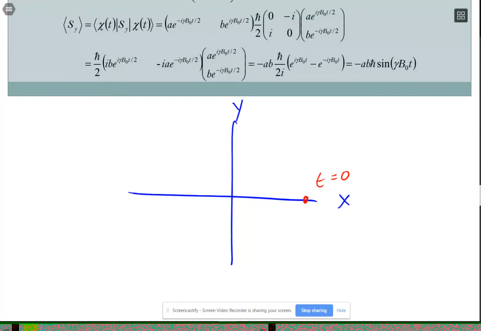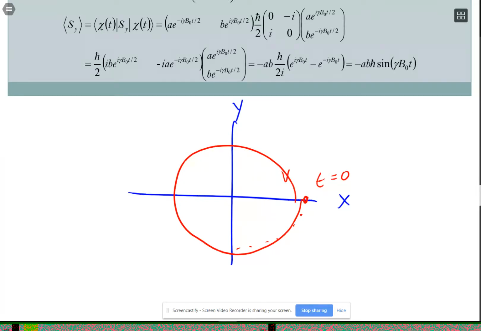Decreasing. What's happening to the Y component? Since it's a minus sign, it's going negative. And so that means it's going to go something like this. And so what we're going to do is trace out a circle.